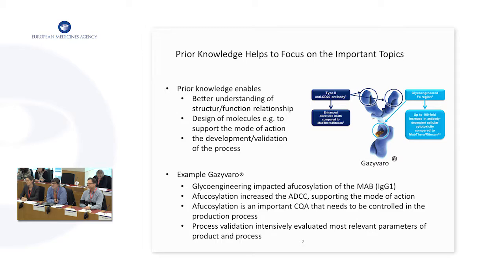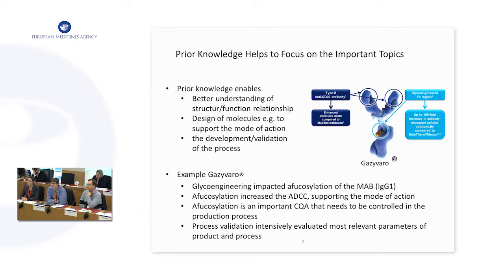This molecule was designed with a glycoengineering approach in the Fc region, which led to increased afucosylation of this molecule. It's an IgG1 with effector function, and this afucosylation increased the ADCC, the antibody-dependent cytotoxicity, by around 100-fold compared to the standard of care, as you can see on the upper right panel.